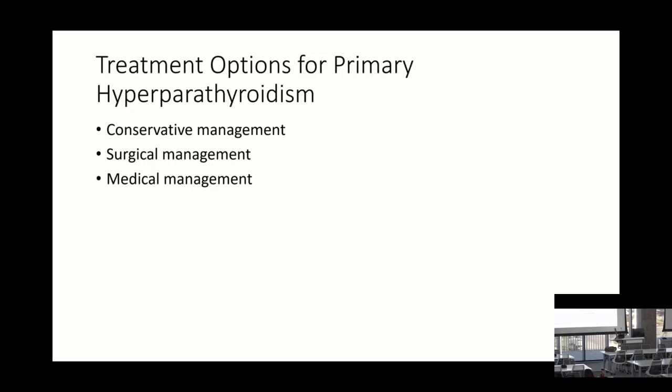So, treatment options for primary hyperparathyroidism. Conservative management, we talked about this. If the patient is asymptomatic, they don't have complications related to the hypercalcemia, and the calcium levels are not too high, then we can monitor it, especially in older patients.